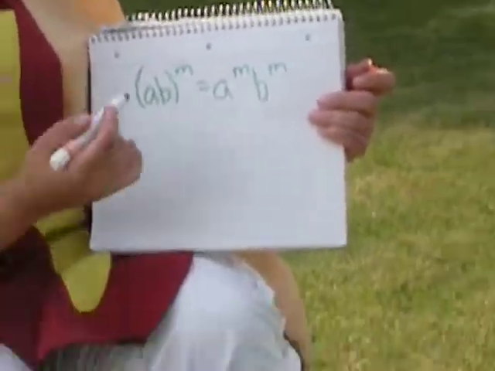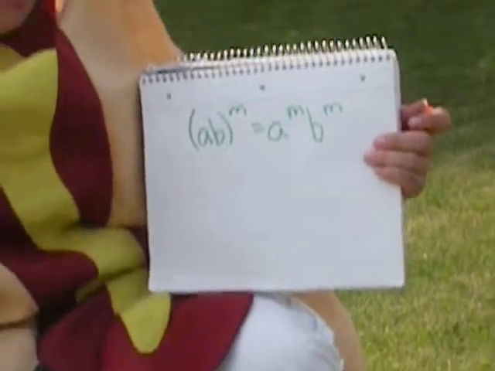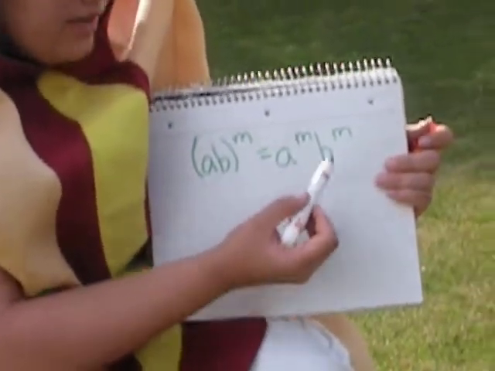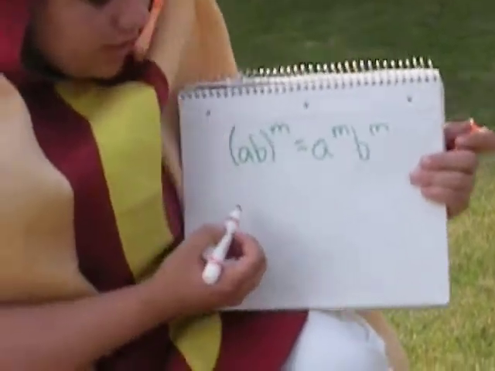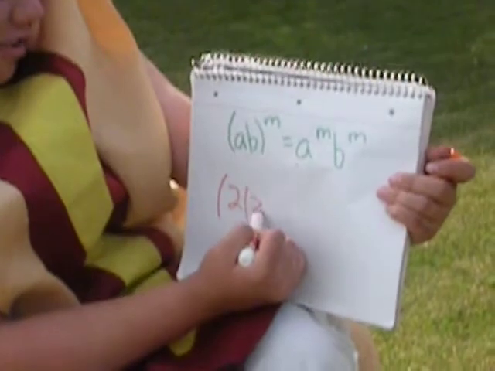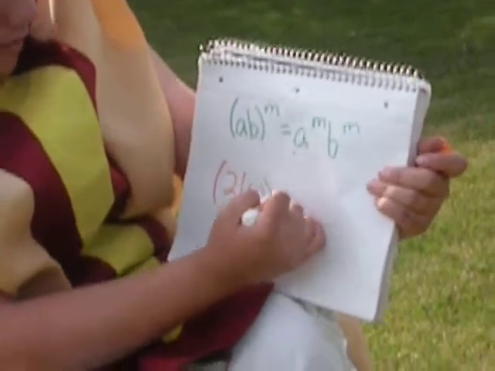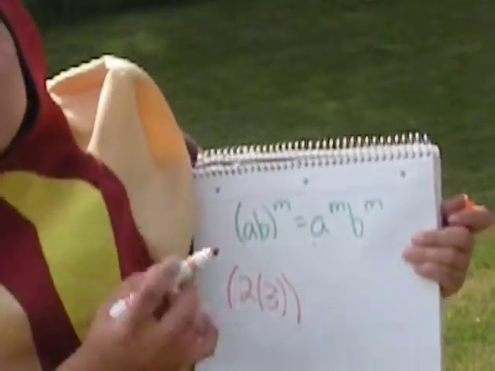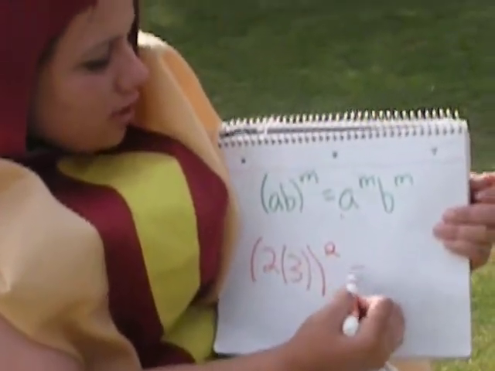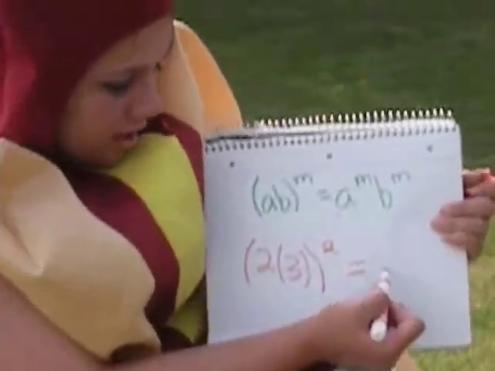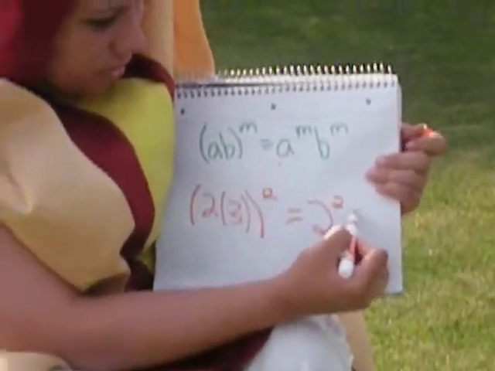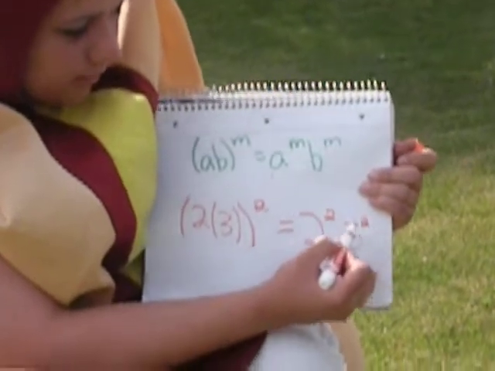The next law that we are going to go over is when you have 2 bases and 1 power. When you multiply 2 bases with 1 power each, you can get 1 base to that power and the second base to that power. So for the sake of this exercise, let's use 2 and 3. I know, we're stepping it up here. And then we're going to put that to the second power. So, when you do that, you have 2 to the second power and 3 to the second power.